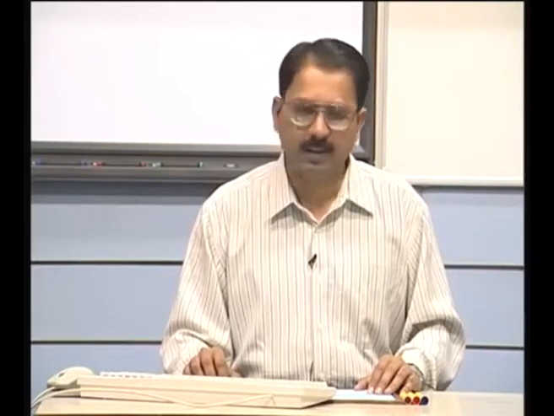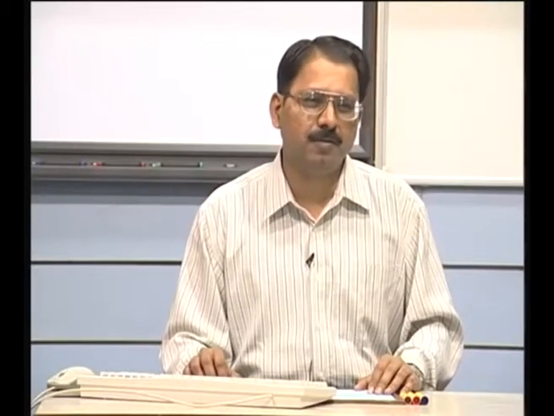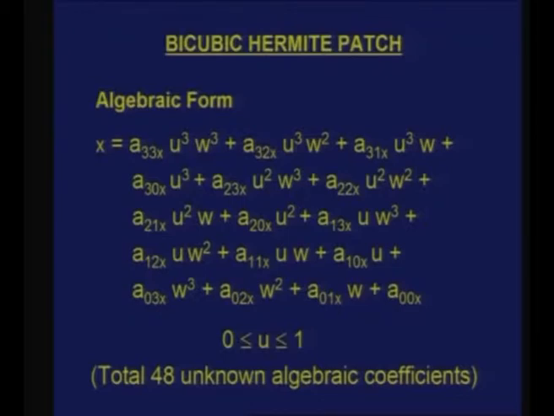First is the algebraic form of a Hermite patch. Now, whenever you say a Hermite patch, one of the most standard forms is a bicubic. Since for surfaces you have two parameters, u and w, which are standard notations, if the surface is cubic in both u as well as w, then you call it a bicubic.